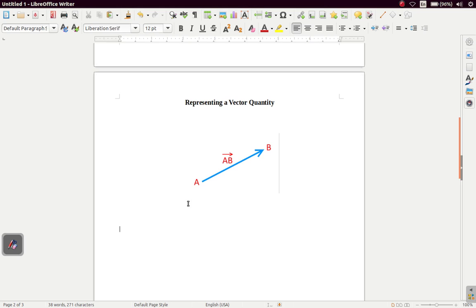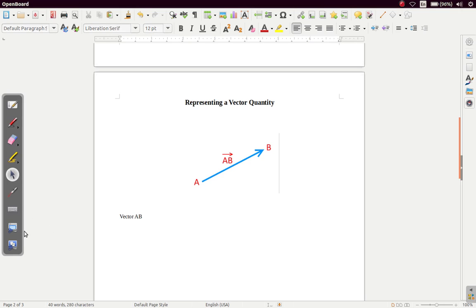This vector, you can call it vector AB. And when you write this vector in your notebook, you can write an arrow at the top of the AB to show that you are writing a vector.